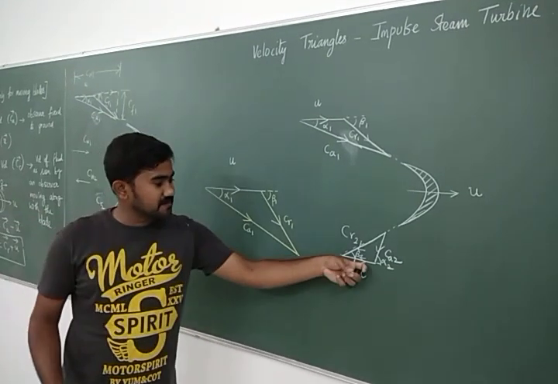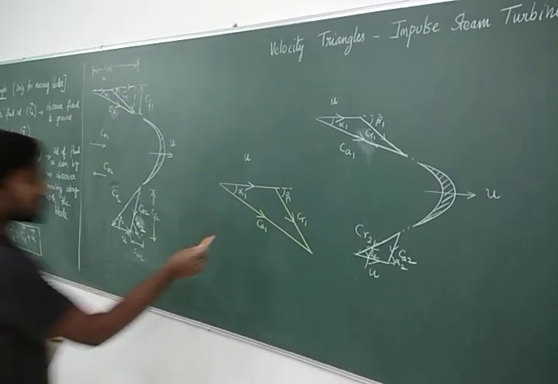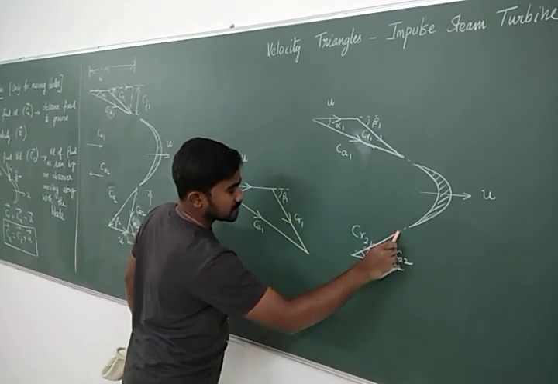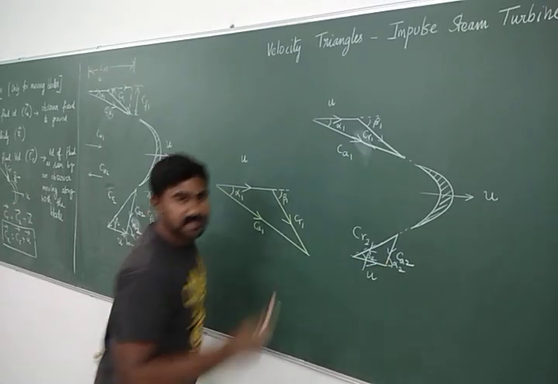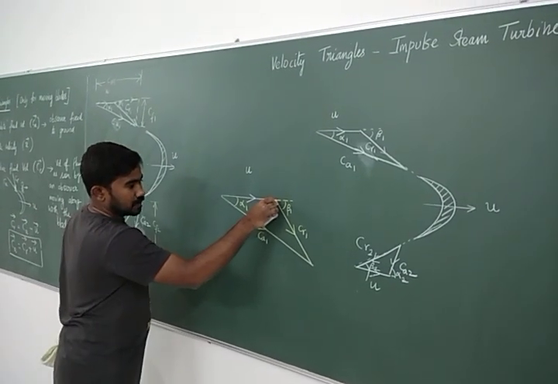Now let me draw the exit velocity triangles in a different color, in orange. In the same figure I have to draw the exit triangles. So do you see that this is U, this will be CR2 and this will be CA2. Now I will draw this way.